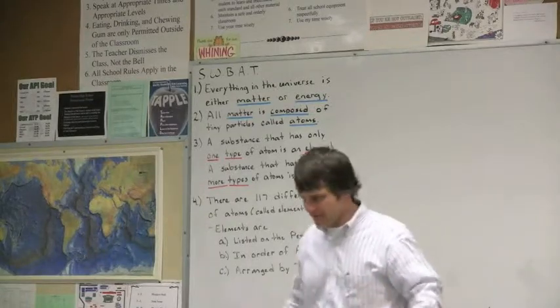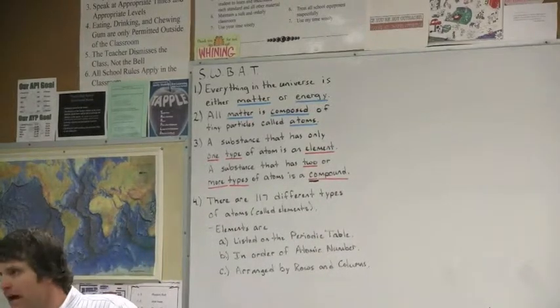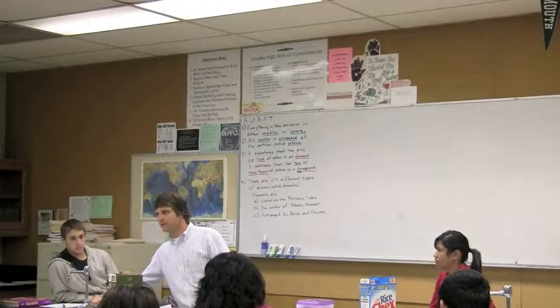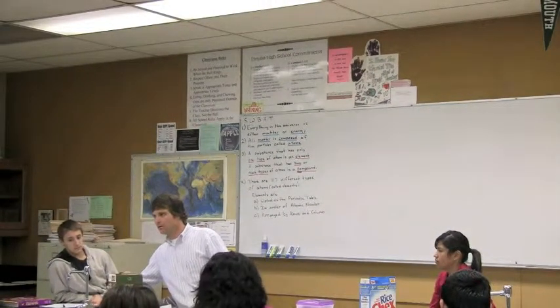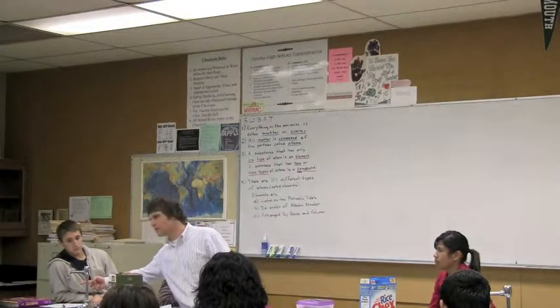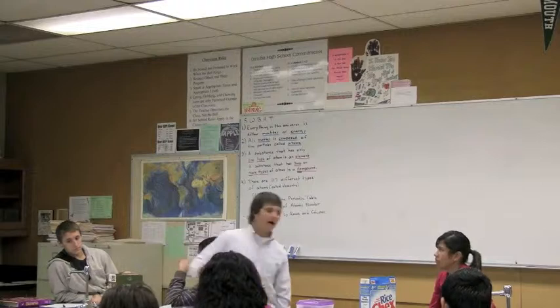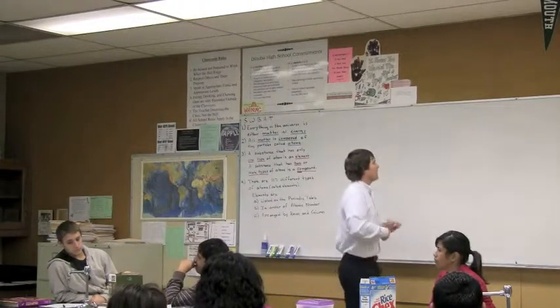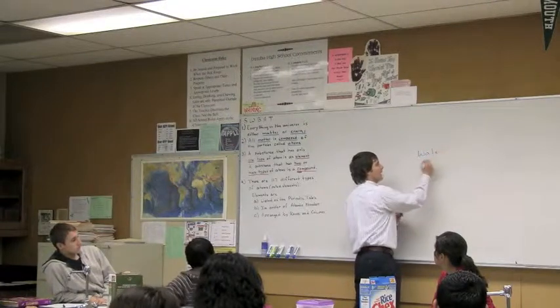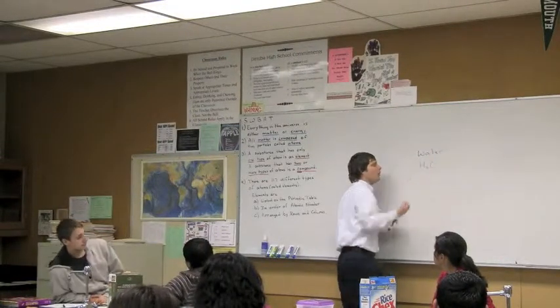So for instance, if we have a substance that has two or more types of atoms. For instance, water. Another way we can recognize water is by calling it H2O.